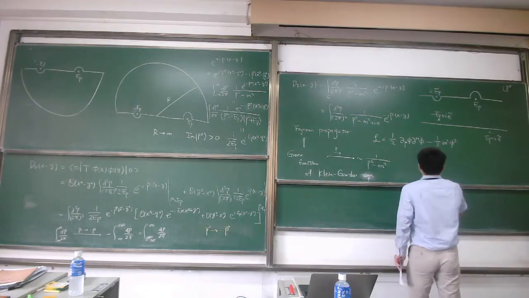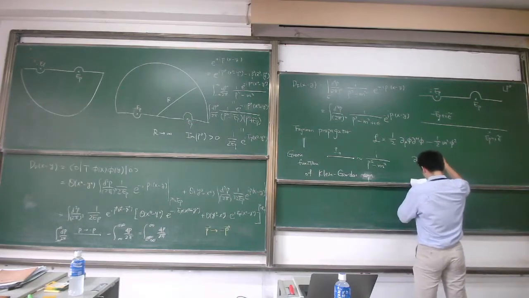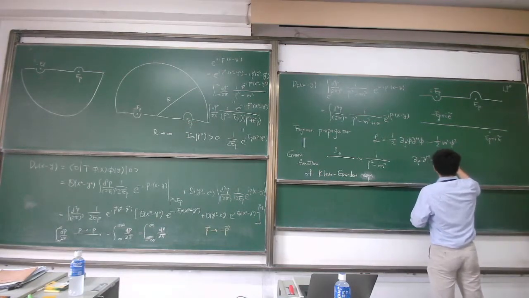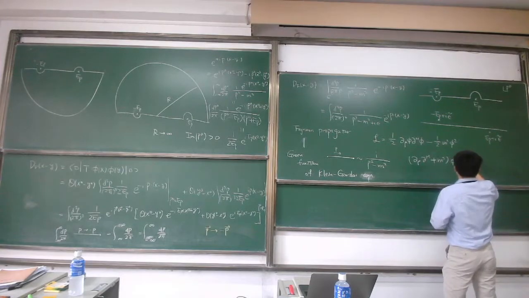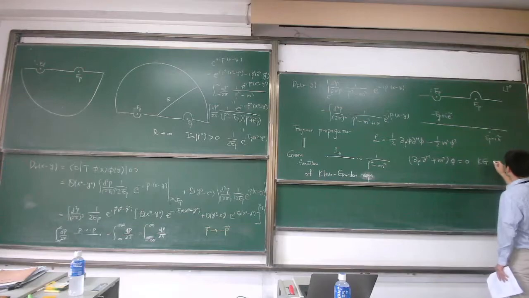The Klein-Gordon equation, the equation of motion, is something like the box plus m squared. This was the Lagrange equation of this theory, the Klein-Gordon equation.